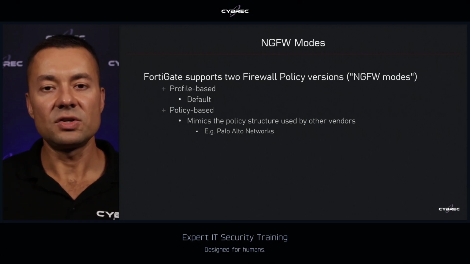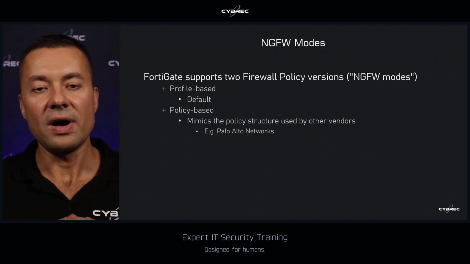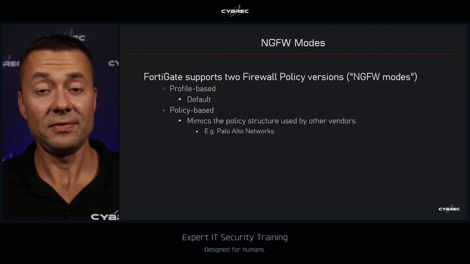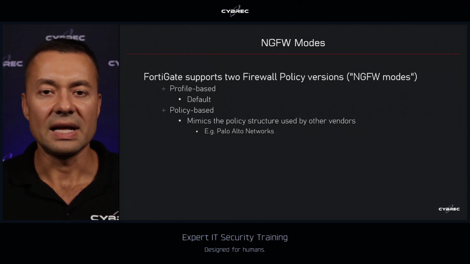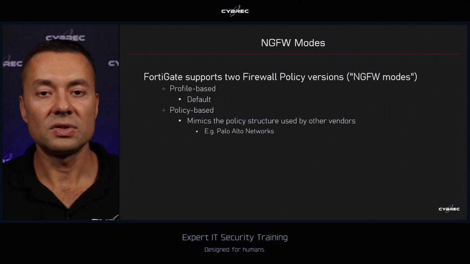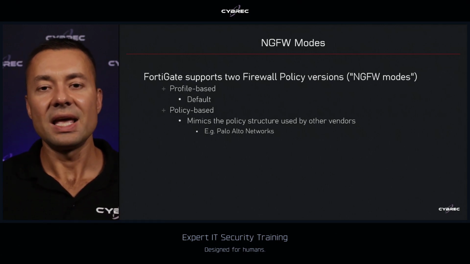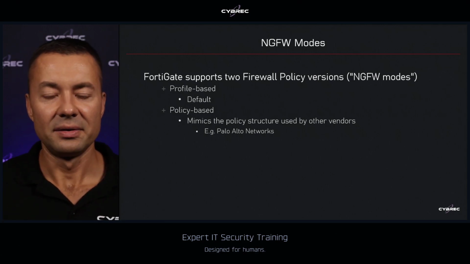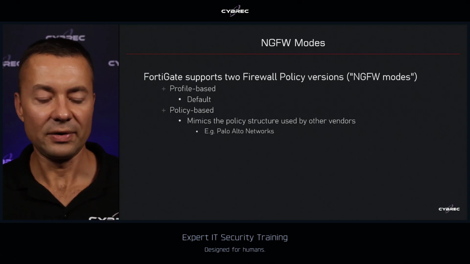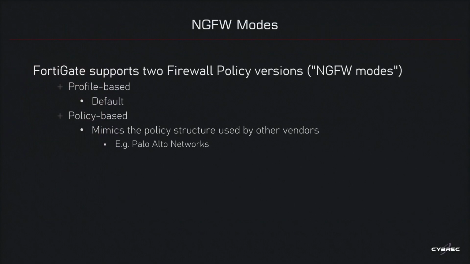And the second change is that configuration of other auxiliary features or technologies, like network address translation, authentication policy, and SSL inspection policy, is separated from the policy rule definition. Because this is what most of the other firewall vendors, like Palo Alto Networks, maybe even Cisco, do.